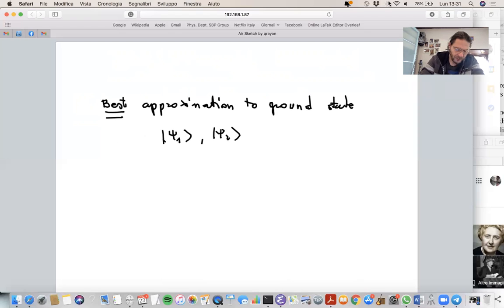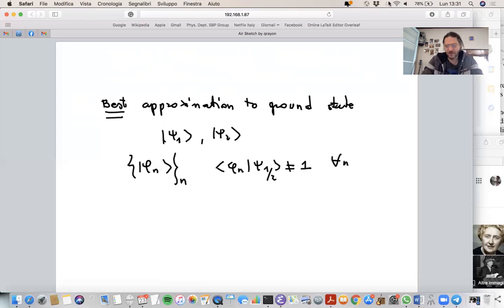So, if phi n is the exact set of eigenstates of the Hamiltonian, let's suppose that the overlap of phi n with psi 1 is basically different from 1 for all n, and the same happens with psi 2.